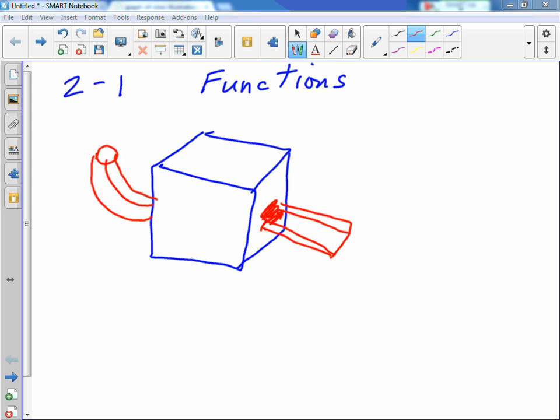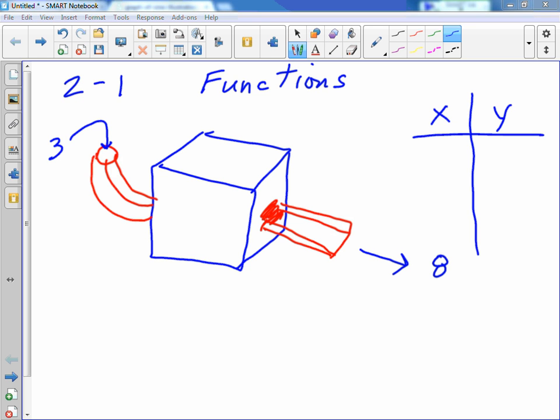Basically, we put a number in, and another number comes out. Let's say 8. So if we put in 3, we get out 8.